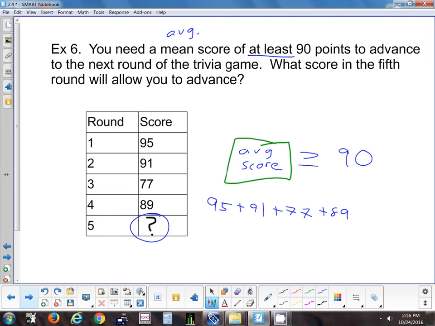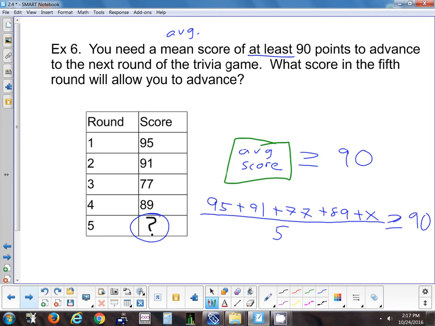X. Yeah, so let's just put X. Okay, so I'm going to add up all 5 scores, even the one I don't know. Now, is that your average? You just add everything up? No, then you divide by how many there is. And you have to divide by how many you have. Okay? How many different scores do I have? 5. That's my average score. And I want that score to be greater than or equal to what number? 90.